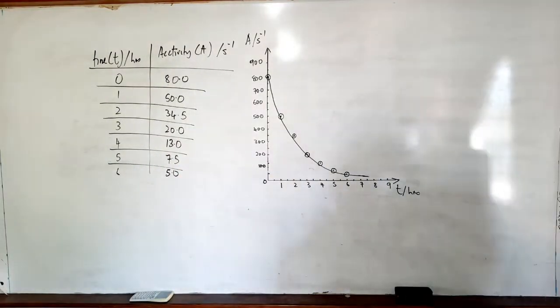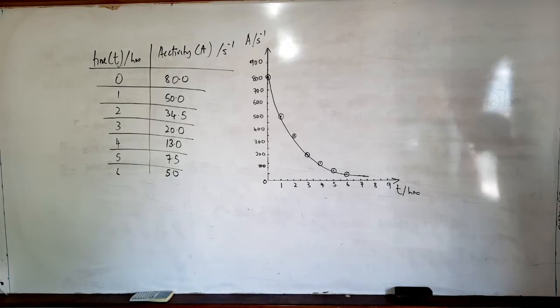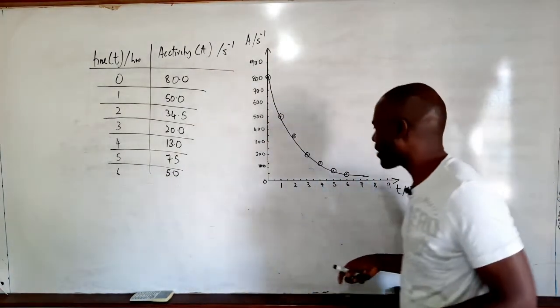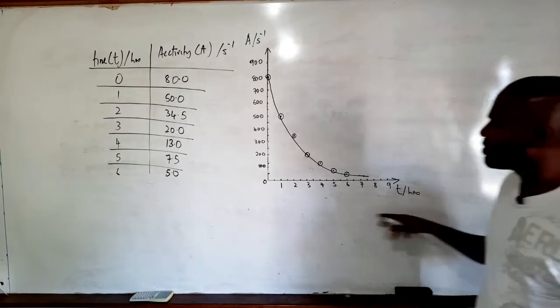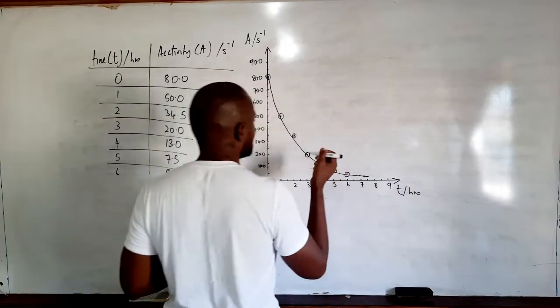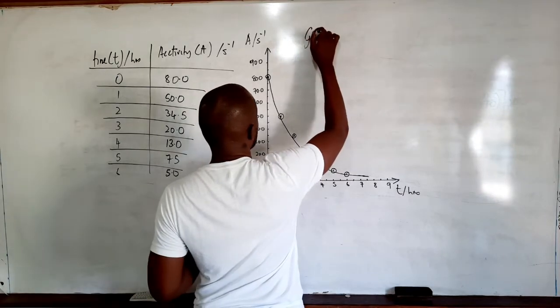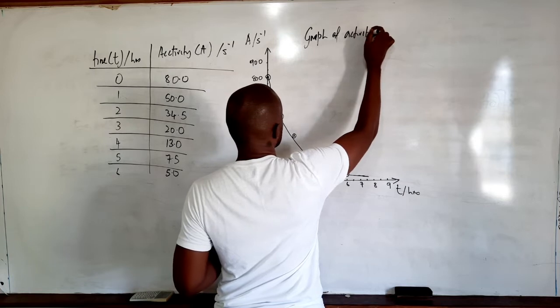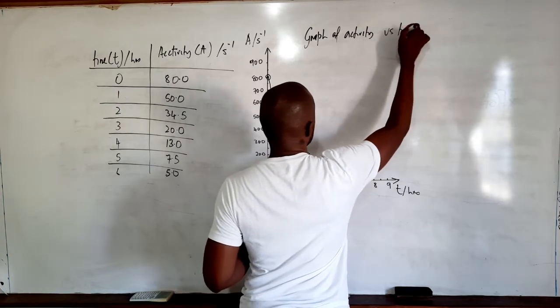Having done that, let's see what else the question asks us to do. We plot the graph of activity versus time. When it comes to plotting a graph, we should always make sure that we have all the things required for the graph: our axes are labeled, our scales are stated, and of course the graph has a title. So I could say graph of activity versus time.